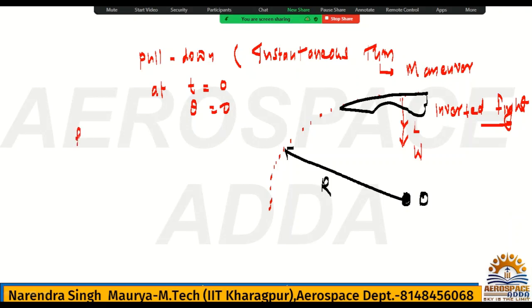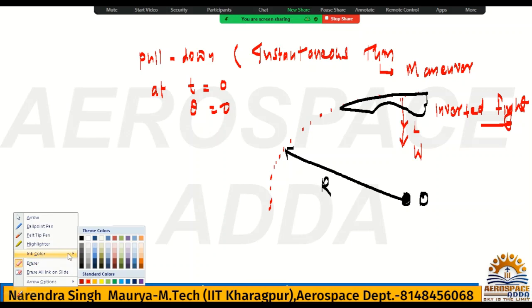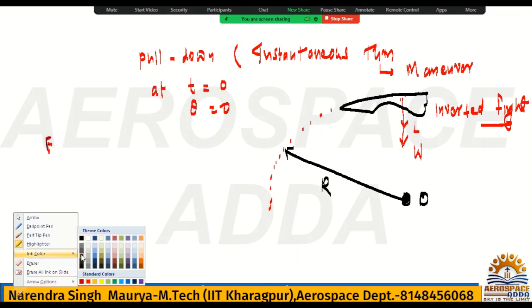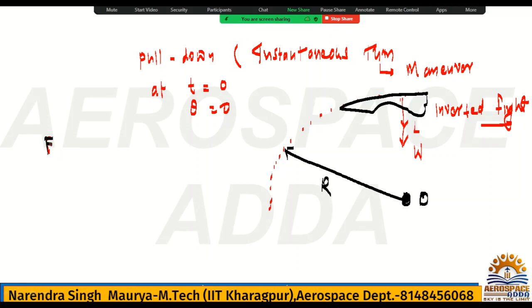So whatever the resultant force you may have, Fr, it is L plus W. That cos component will be 1 because cos 0 is 1. So exactly both lift and weight are going to act downward.